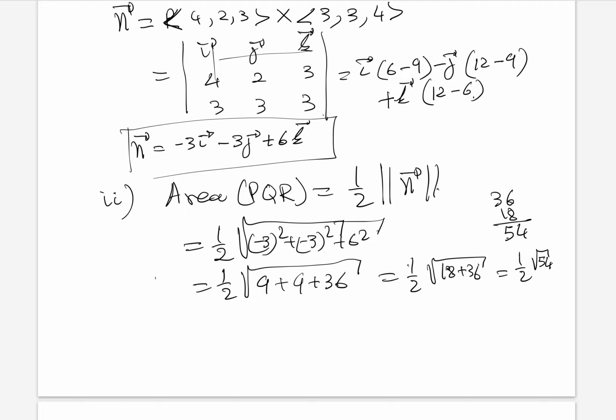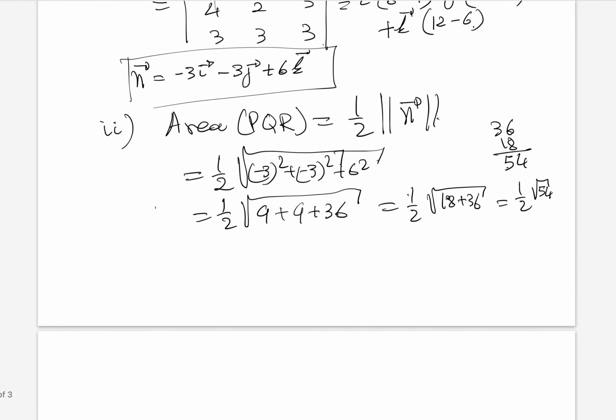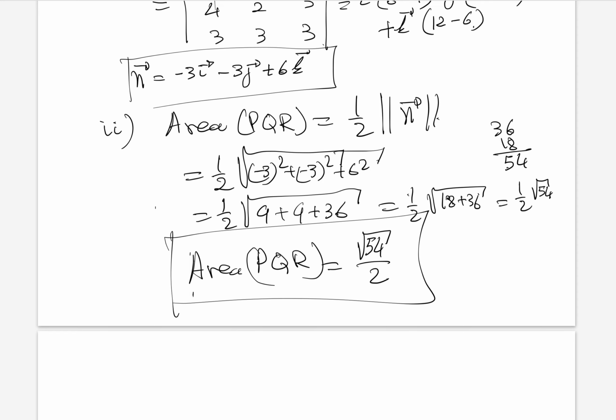That's the area. So the area of PQR is just square root of 54 divided by 2. Okay? That's the question they ask you.